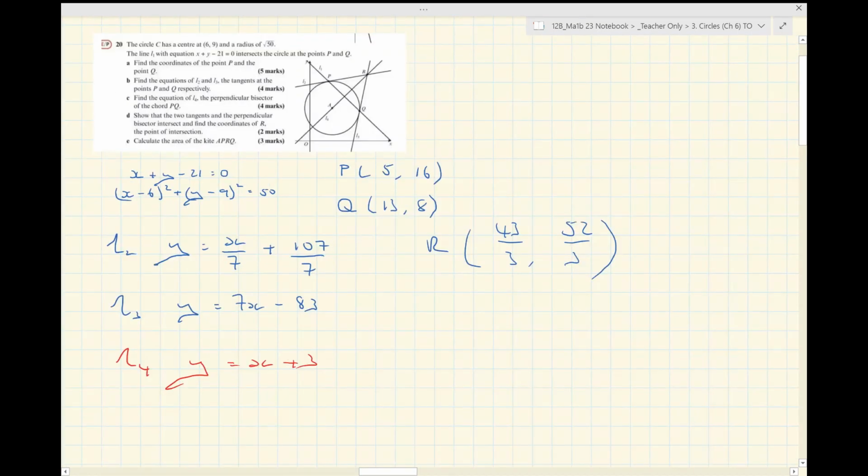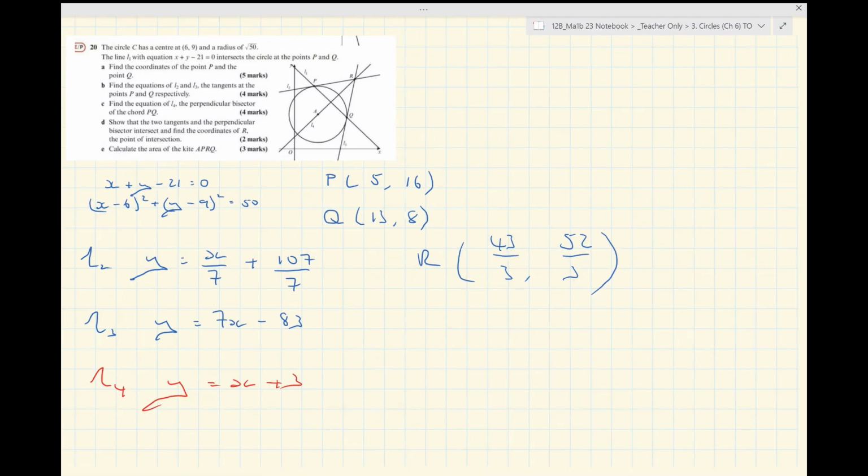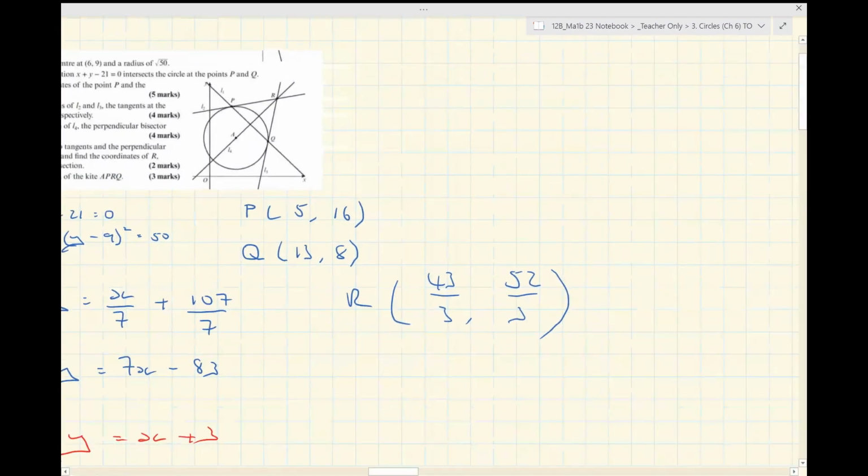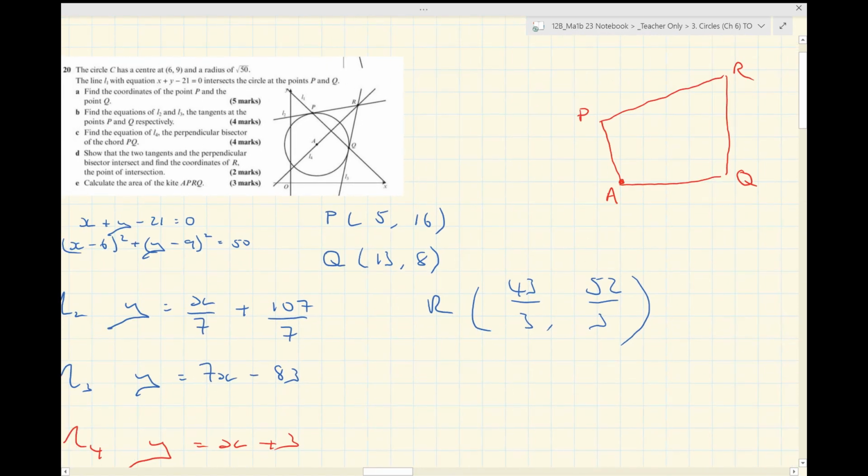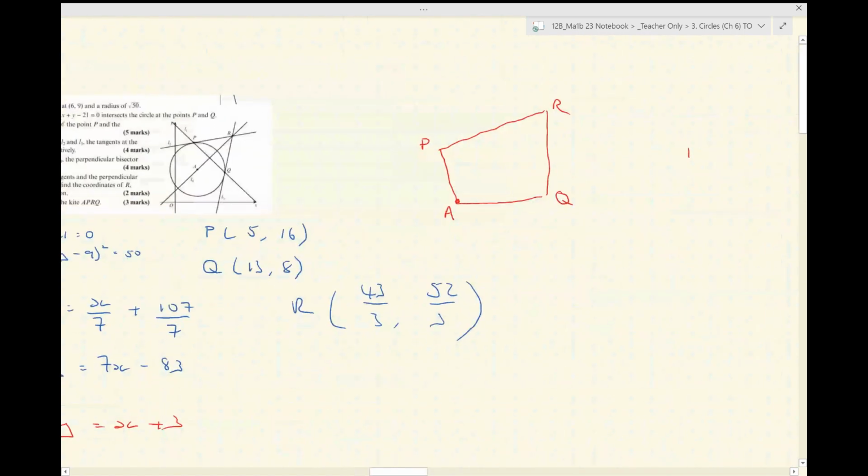Okay, part E, calculate the area of the kite APRQ. Right, well, let's have a look at that then. So A, P, R, Q. There we are, not a great diagram. Now I know the coordinates of P, 5, 16.